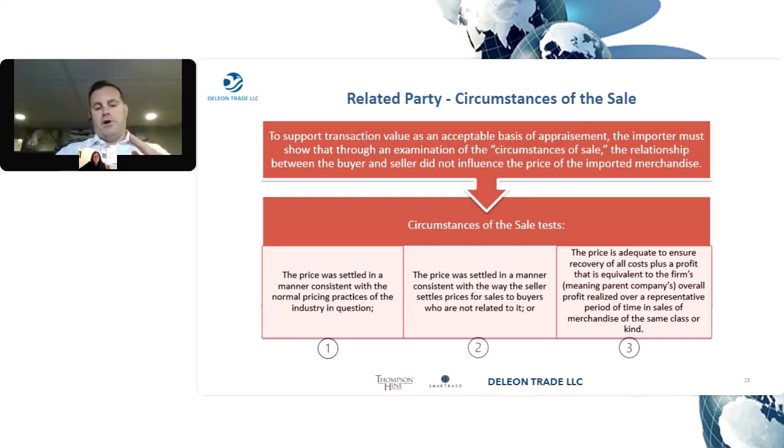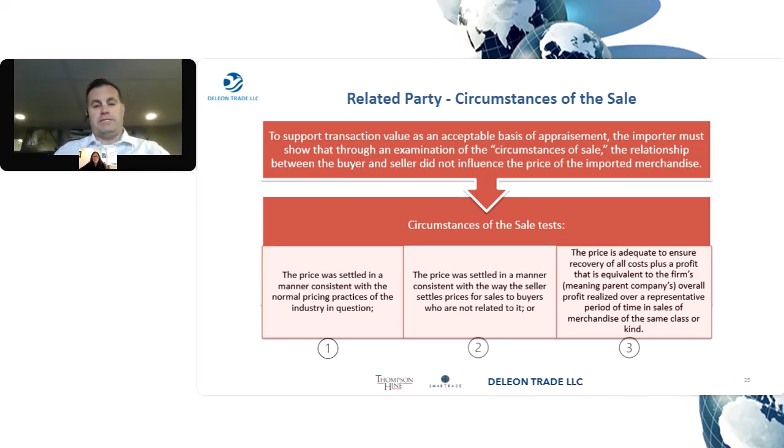The second prong under there is you can do a transfer pricing study for customs purposes, where you would compare your profits on the sale to the U.S. to the profits recognized by comparable companies that sell goods of the same class or kind as that of the seller.